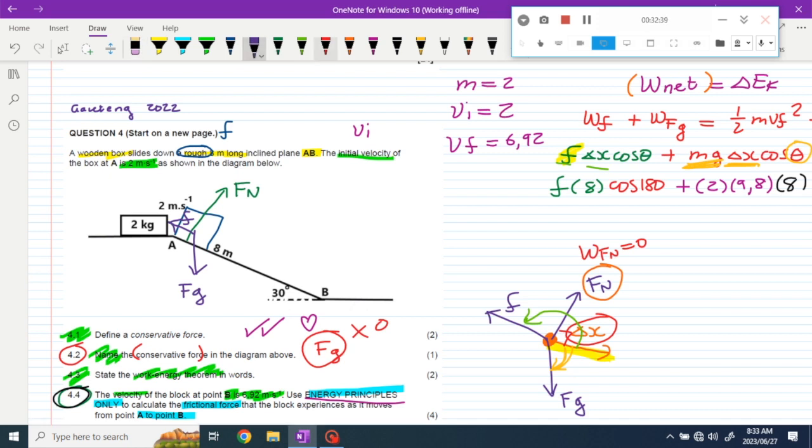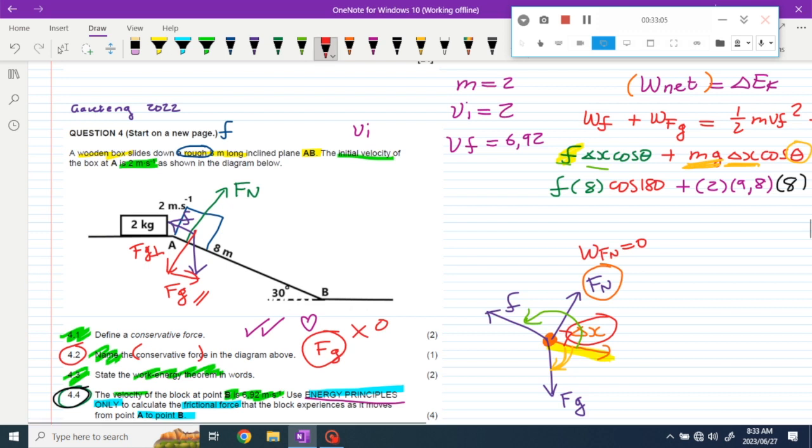Fg has components: an Fg perpendicular, and always down the slope we're going to have Fg parallel. Remember, Fg parallel must always be down the slope. If it's not down the slope, then it will be slipping up an incline, and that doesn't happen.